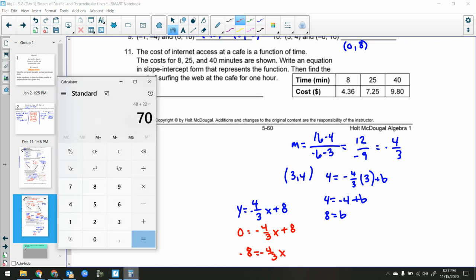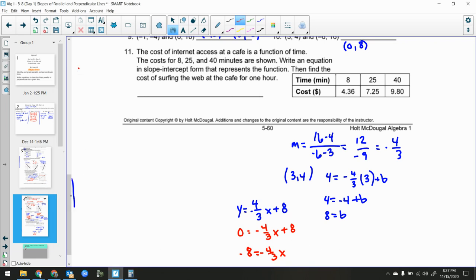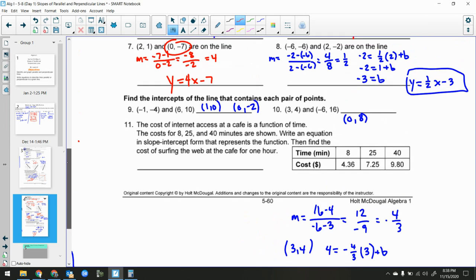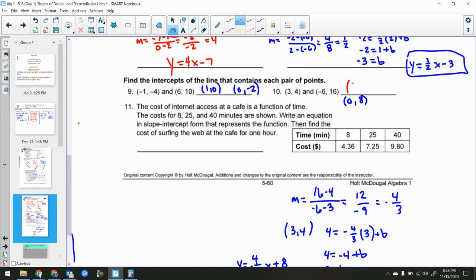And then when I divide that over, 6 is equal to x. So that means my other intercept is 6, 0. Again, I wouldn't worry too much about 9 and 10.